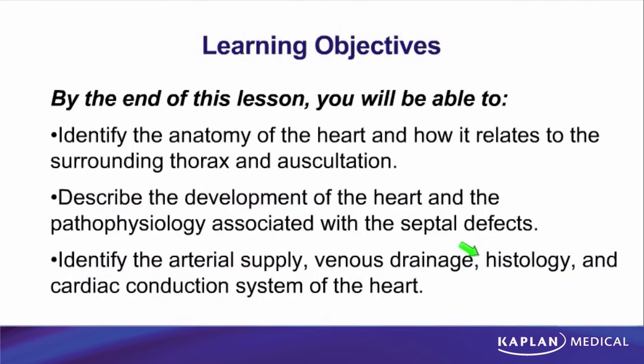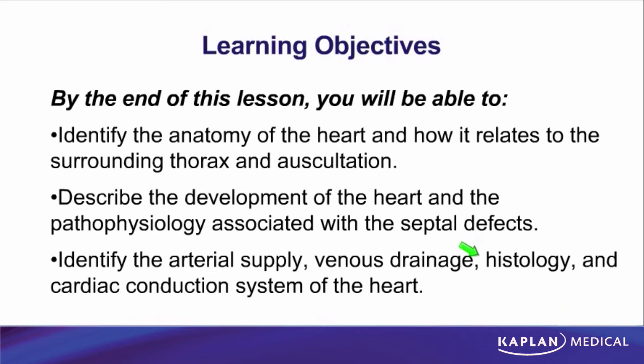Okay, so what we said we wanted to accomplish was to look at the anatomy of the heart, particularly the surface anatomy, and how we use that information for understanding auscultation and also how we answer questions about penetrating wounds. We wanted to talk about the development of the heart and the things that go wrong that lead to congenital defects, which we've done.